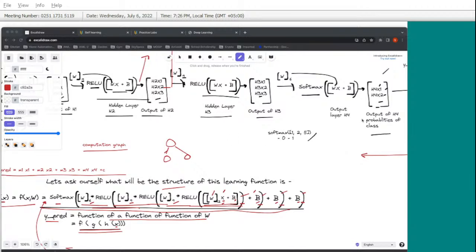There was some experiment done on this architecture on the MNIST data set that we are using. MNIST is 28 into 28, which is 784. Suppose you have a four-layer network, and each of these layers has 2048 neurons.